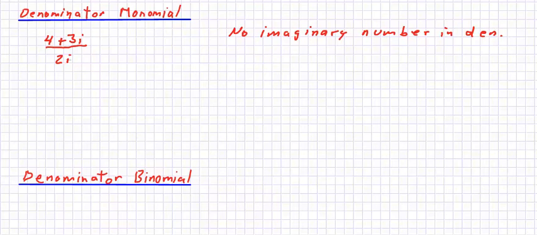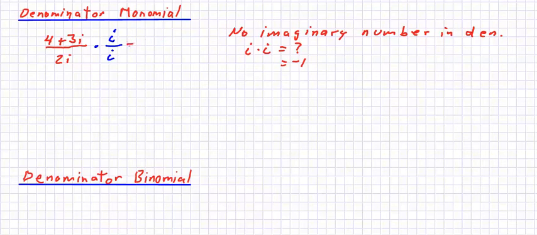So, the question is, what is i times i? If you remember from Monday's class, i times i is -1. So we multiply numerator and denominator by i.